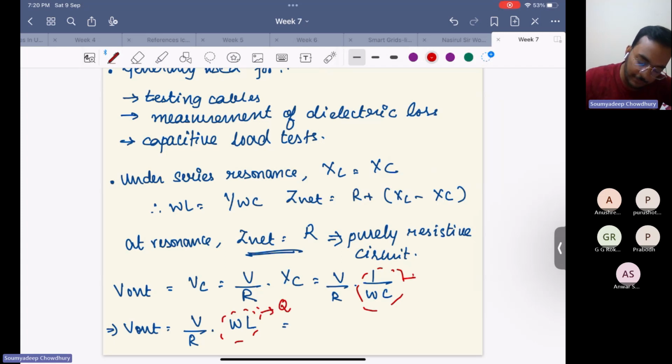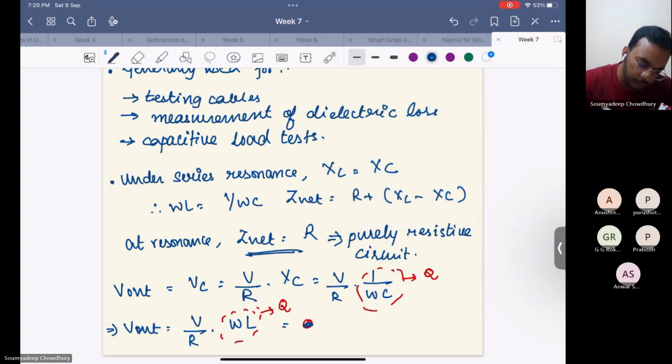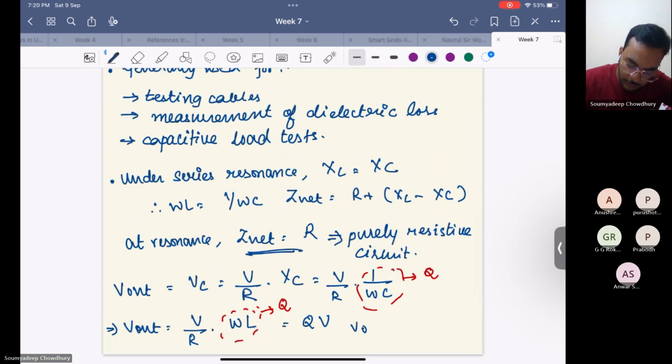That is the quality factor of the circuit, represented by Q. So we can write the output voltage is Q into V. So what is V output? It is basically the quality factor times the input voltage of the circuit.